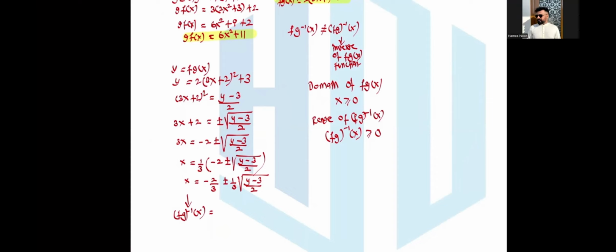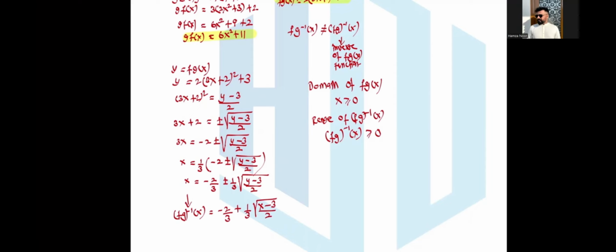So now I'm going to say that the inverse of f(g(x)) is minus 2 over 3 plus 1 over 3 multiplied by the square root of (x minus 3) over 2. This is your inverse of f(g(x)).